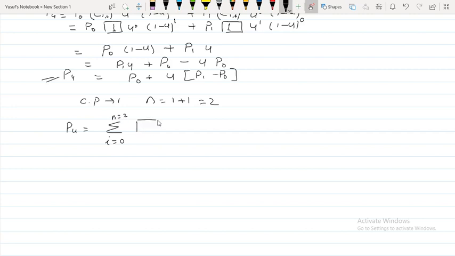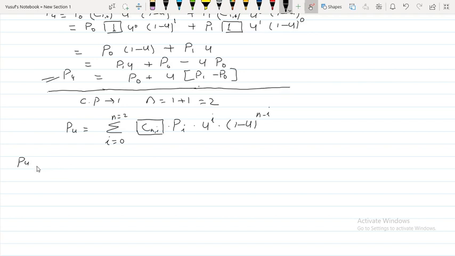Then some constant C n comma I, P of I, third parameter is u raised to I, fourth parameter is 1 minus u raised to n minus I. The value of n is 2. So here we can write the equation for one control point.